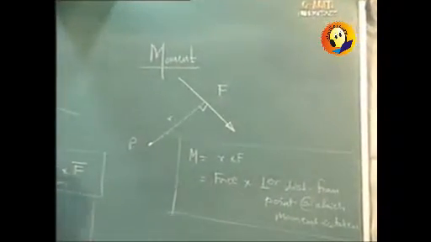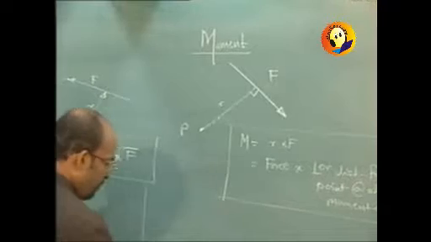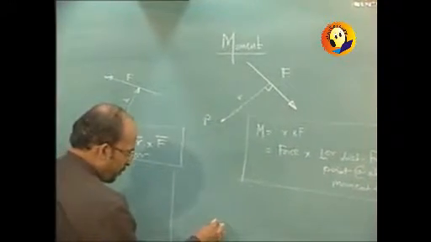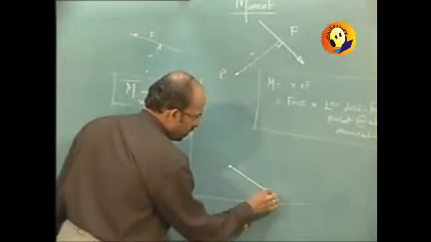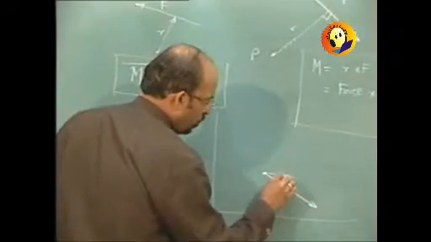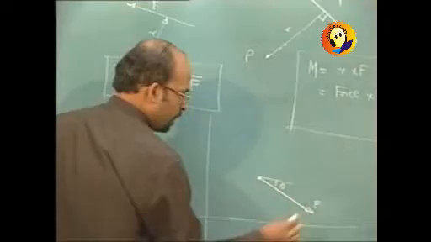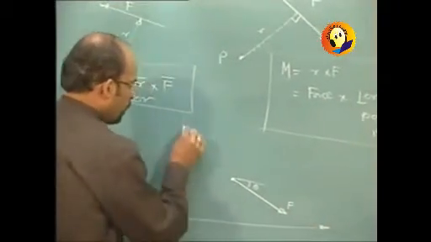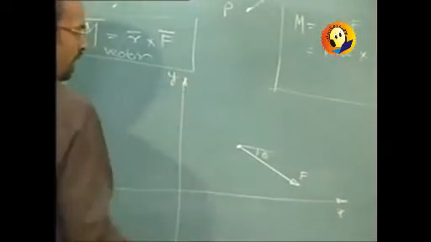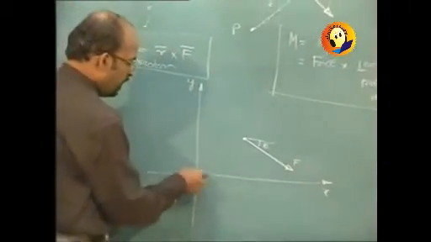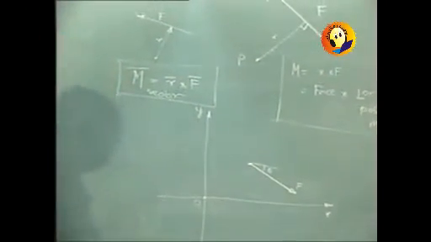Now if I consider a case where the force is acting at some angle, say theta, with the horizontal, so we have x and y axes, and we want to take the moment of this force about the origin.